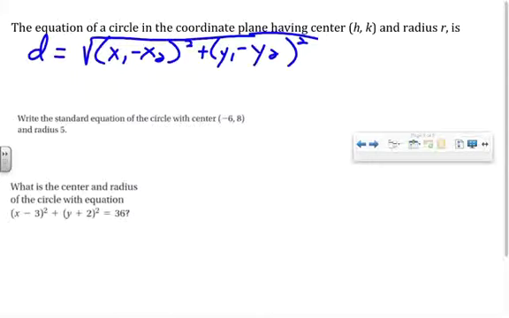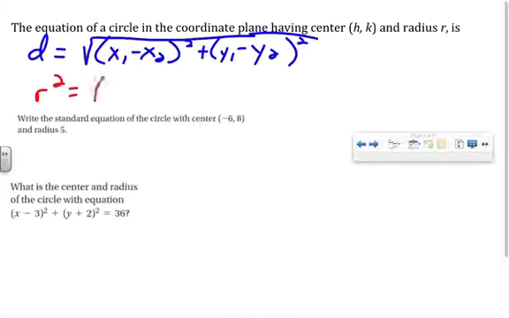Okay, so in a circle, does it make sense that the radius of a circle is the distance, I can use the distance formula, from the center to a point on the circle? So let me just give you that standard form of the equation since we're tight on space and time.